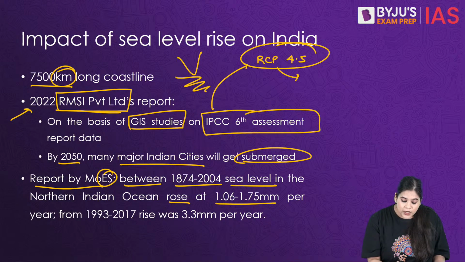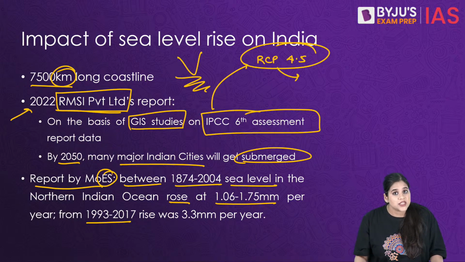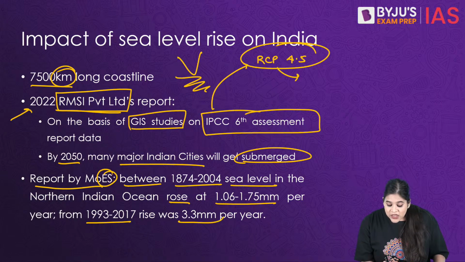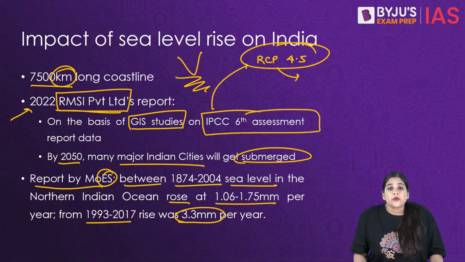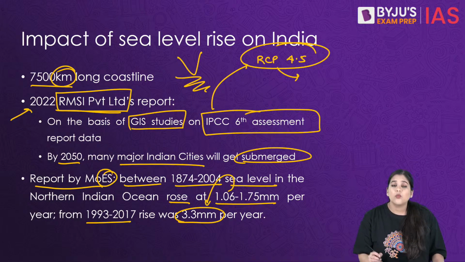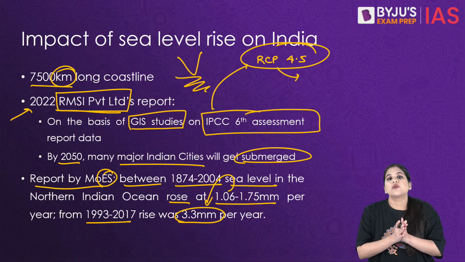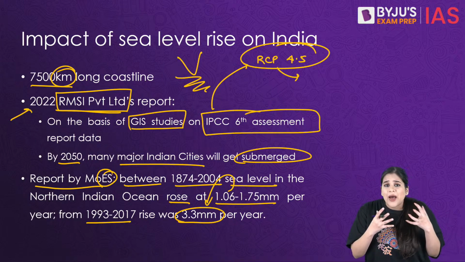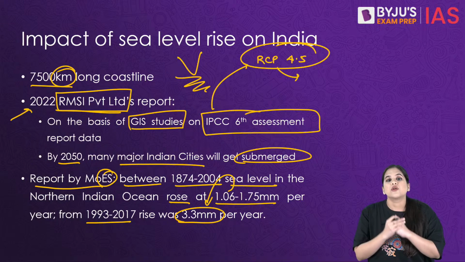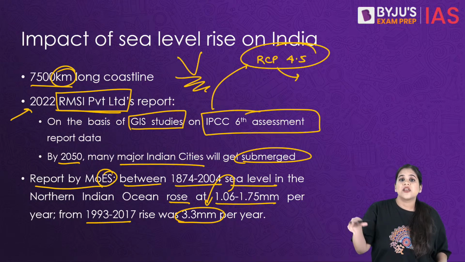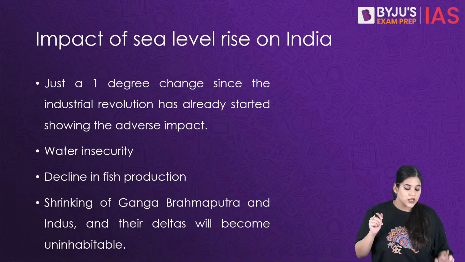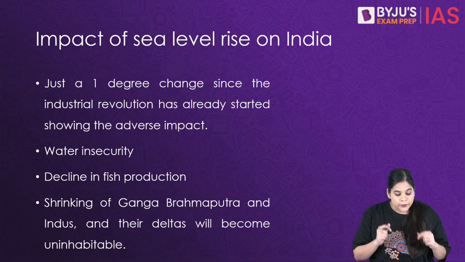However, between 1993 to 2007, this rise was 3.3 mm per year. So it had already more than doubled. So you can see the impact that global warming is having on sea level rise, and eventually the impact that sea level rise will have on India.